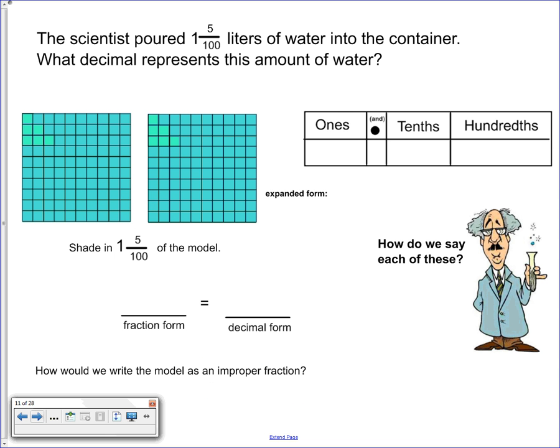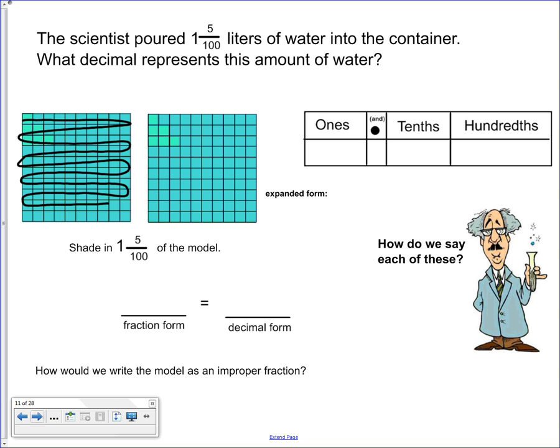Alright. So, we got another scientist. He's poured 1 and 5/100ths of water into a container. So we need to shade that in. This whole thing right here is shaded in. That's all 1, and 5/100ths. 1, 2, 3, 4, 5.